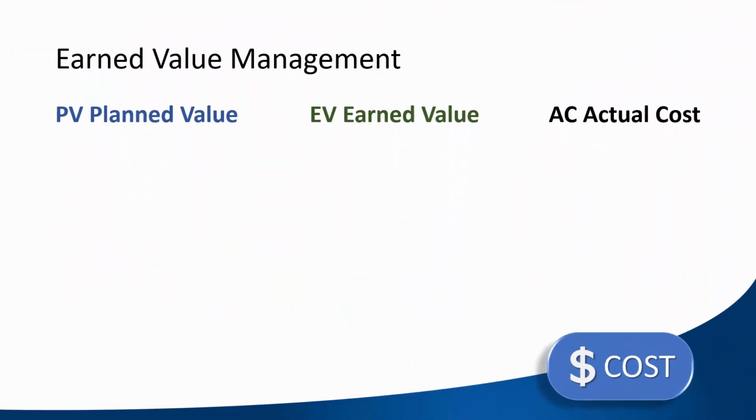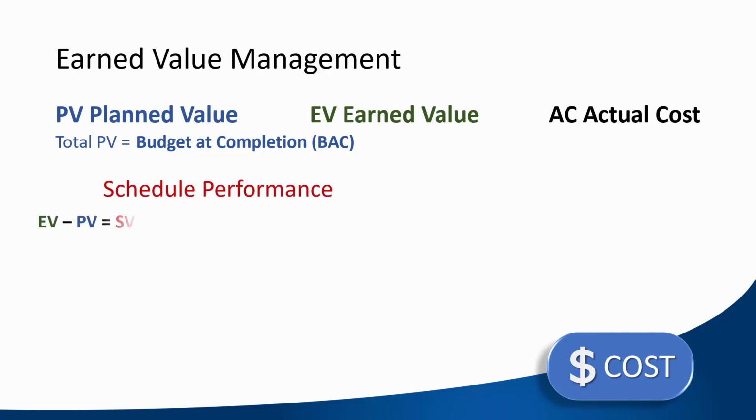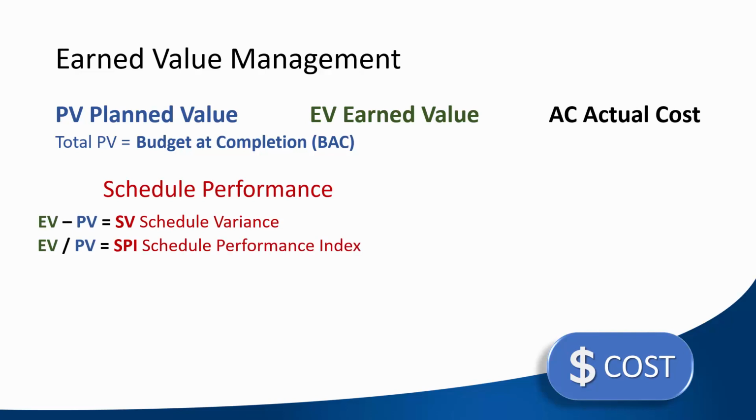To summarize our first 2 earned value lessons, once we begin to execute our plan, we can generate PV, EV, and AC for a specific status date. A new term in this lesson is budget at completion, or BAC. That is the plan value at the finish of the project. Schedule performance is measured by comparing earned value and plan value.